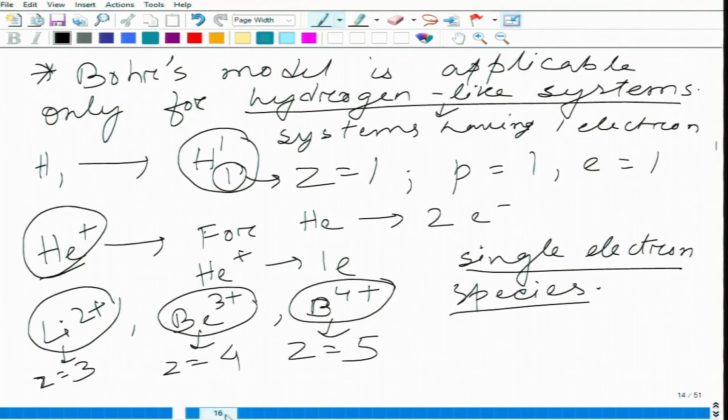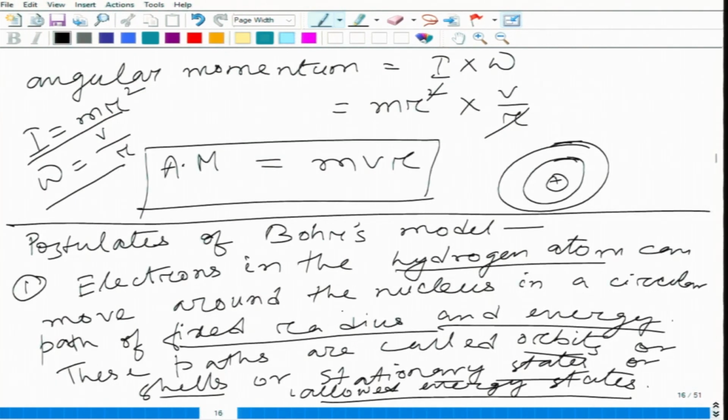So, the first postulate of Bohr's model says that electrons in a hydrogen-like system can move around the nucleus in a circular path of fixed radius and energy.